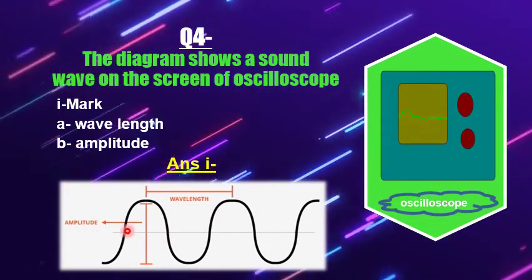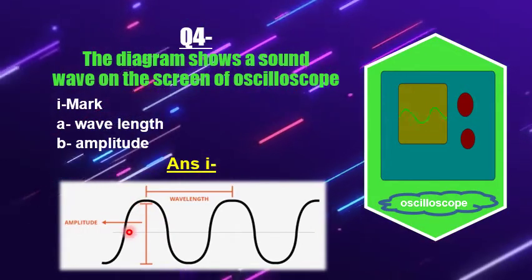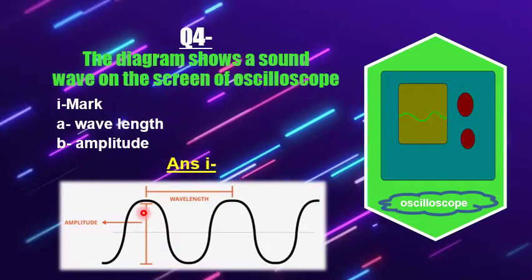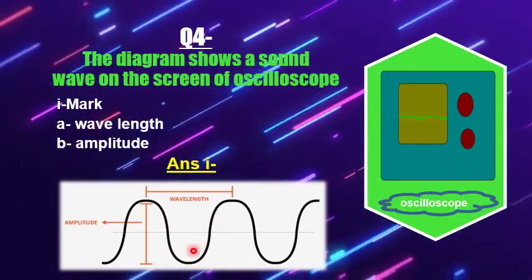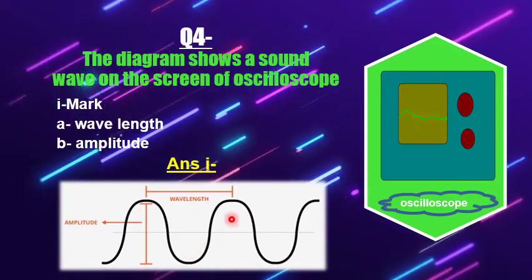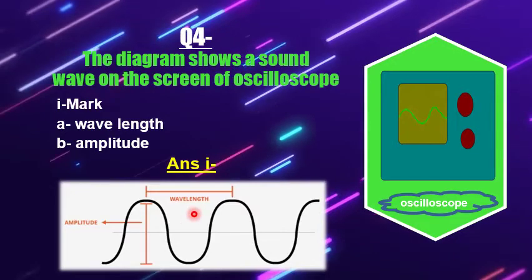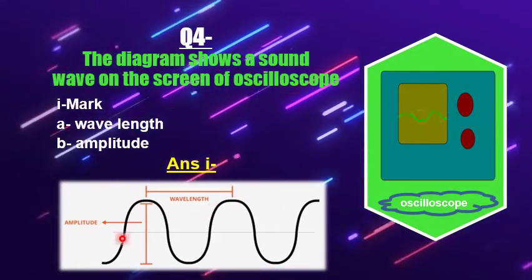So here you label amplitude. The top part is called the crest, and the lower part is called the trough. The distance between two crests is called the wavelength. So we have to label wavelength and amplitude.